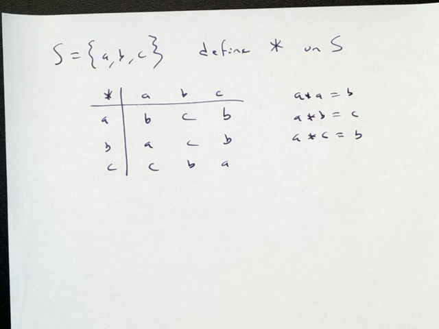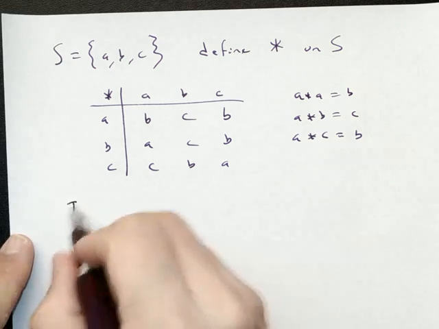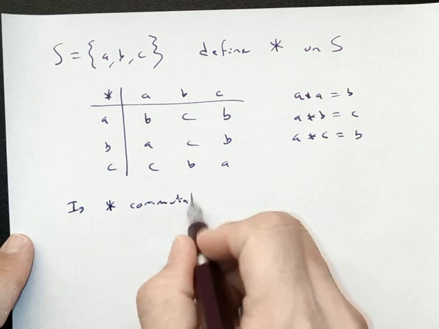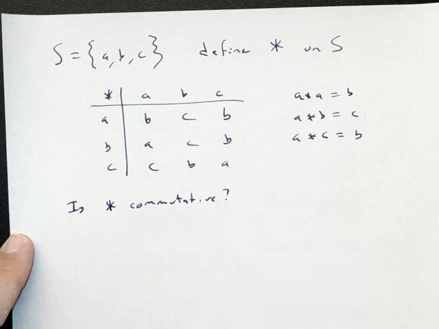So, question. Is this operation commutative? Why not, Reese?